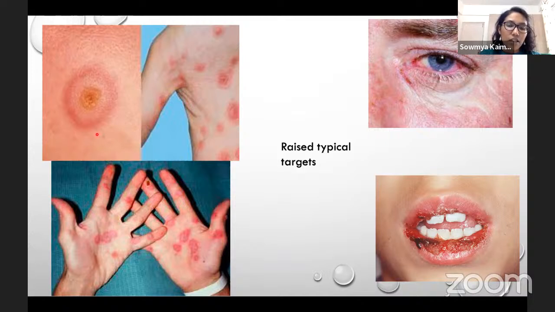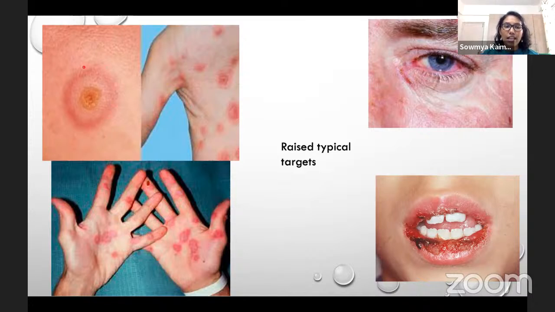As the name signifies, it has a central area of either duskiness, or if the epidermal necrosis is severe enough, it can even blister. So you can have a dusky center or a vesicle in the center. You have a peripheral pale edematous area, and then the last ring is an erythematous halo at the periphery.